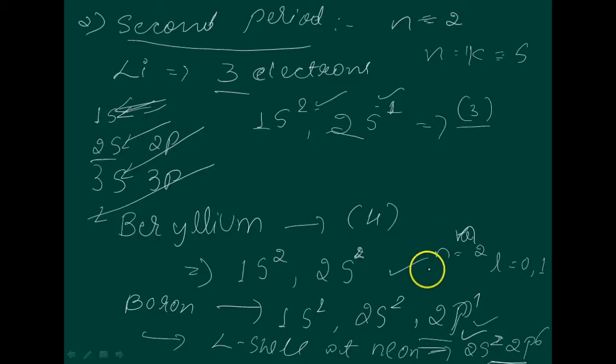Okay, so 10 means 2p6, after that you enter into 3s squared. So this is about the L shell. Thus there are 8 elements in the second period.